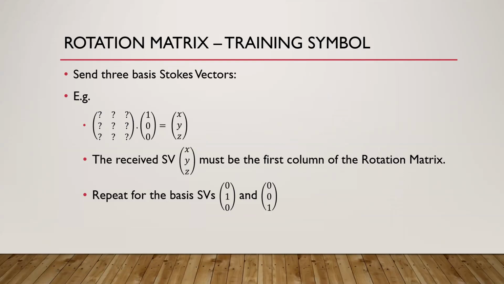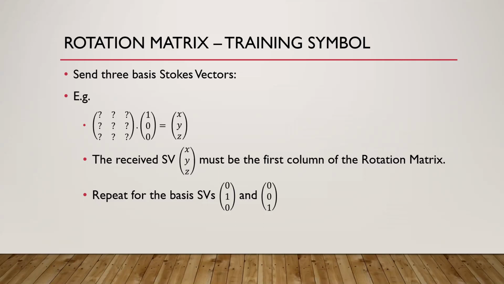And that's going to give us whatever that is, X, Y, Z. Because it's just a straightforward basis Stokes vector with only one perfect polarization, the received Stokes vector X, Y, Z must be the first column of the rotation matrix. Just mathematically, because we've got zeros in the other two positions, it must equal the first column. Then we repeat that for the two other possible basis Stokes vectors, the 0, 1, 0 and the 0, 0, 1, and we're able to fill the rotation matrix based on that.